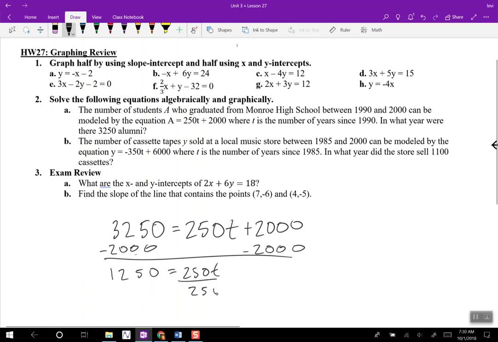Divided by 250, we get t equals 5. So that means after 5 years, we'll be up to 3,250 students.